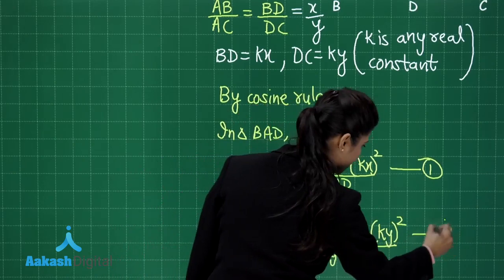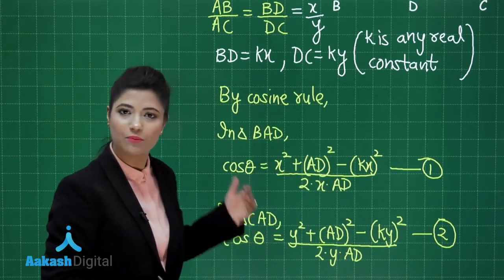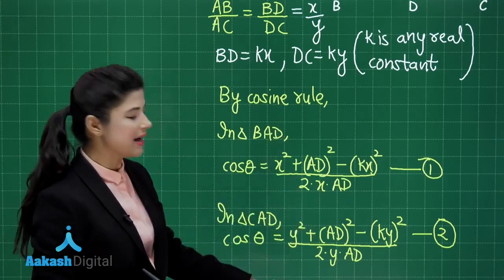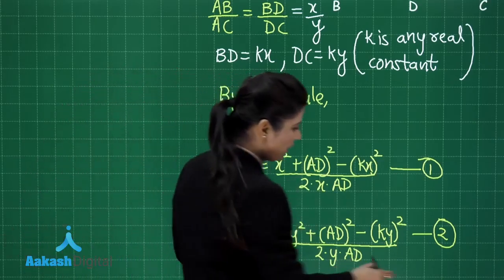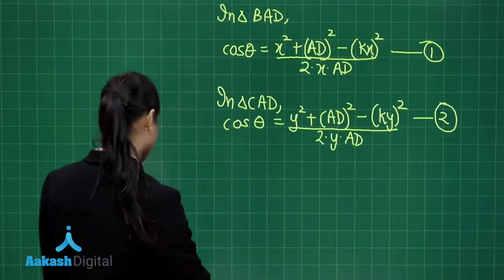Equation number 2. Now equations 1 and 2 both represent what? Cos theta. Their left hand sides are equal, so now you get a clear clue: you can equate the right hand sides, isn't it? So let's equate the right hand sides of equations 1 and 2.